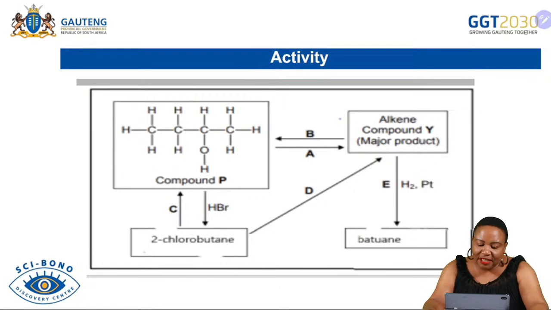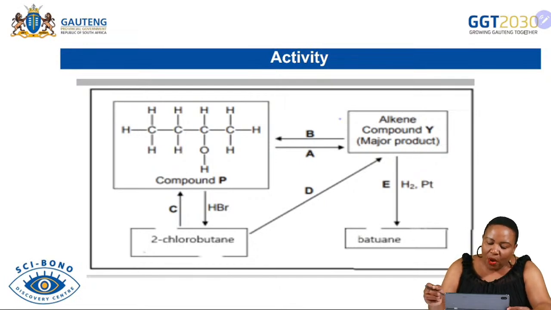If you look at the activity, the first thing that you need to do is identify the compounds provided on the table as saturated or unsaturated, in order for you to know what type of reaction you are going to get. And also, we are going to follow the arrow. If the arrow is coming from saturated, it means saturated is our reactant. And when it is going to a product, we look at whether that product is saturated or unsaturated.